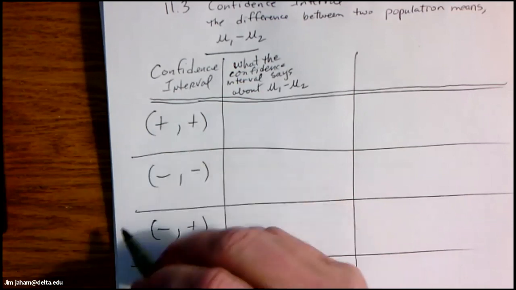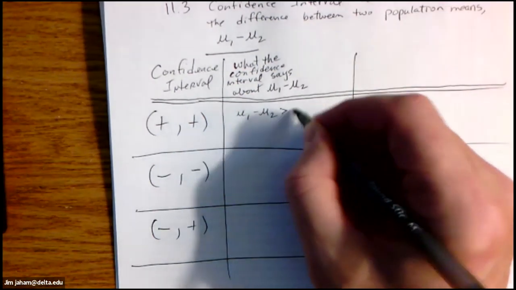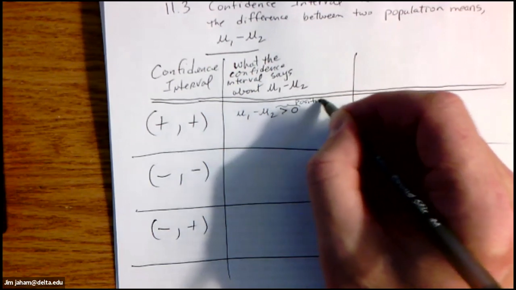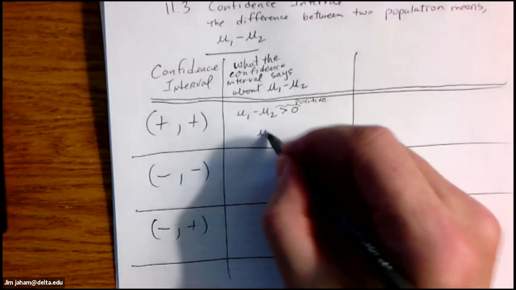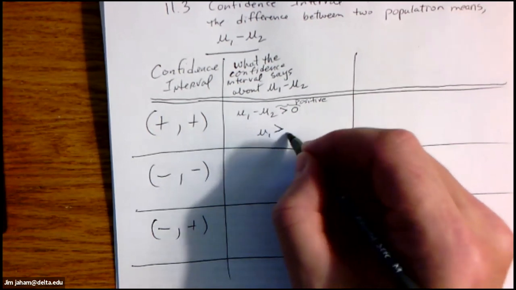And every number in this interval is a positive number. So it says that mu1 minus mu2 is greater than 0. That's how mathematically we write positive. Something is bigger than 0, it's positive. And if you add mu2 to both sides, you get mu1 is greater than mu2.